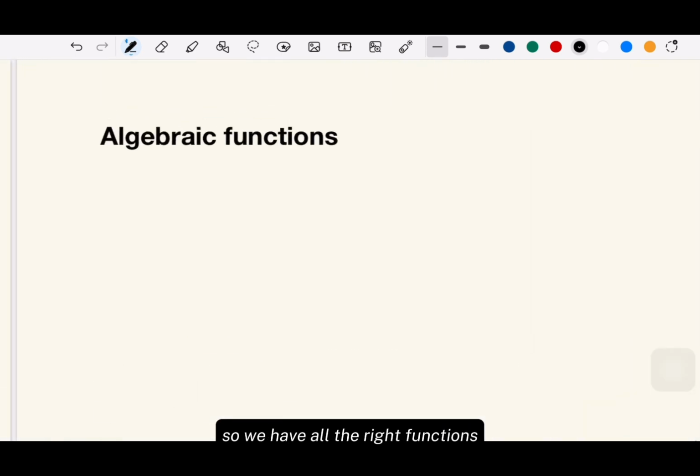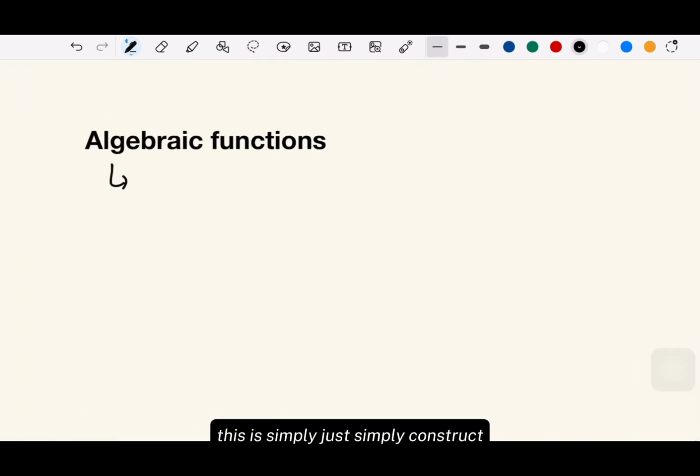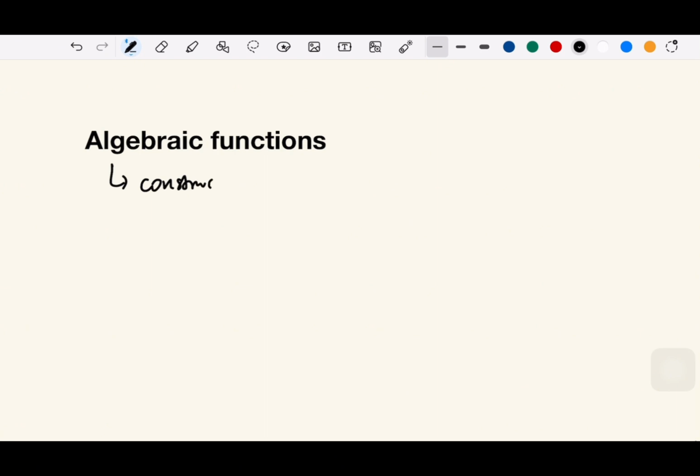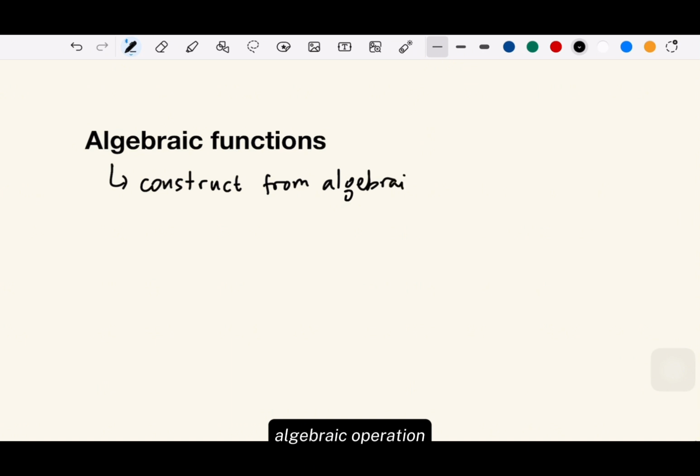So we have algebraic functions. This is simply constructed from algebraic operations.